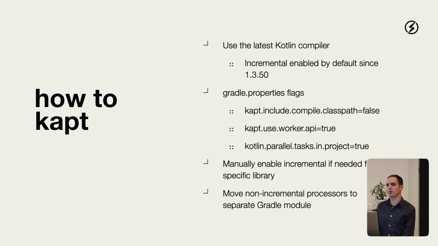And obviously, you have to use the latest and greatest processor versions, because those can contain incremental compilation. Also, if you have non-incremental processors like that Room one in the previous slide, you can move it to another module, so only a very small part of your code can be affected by non-incremental compilation.